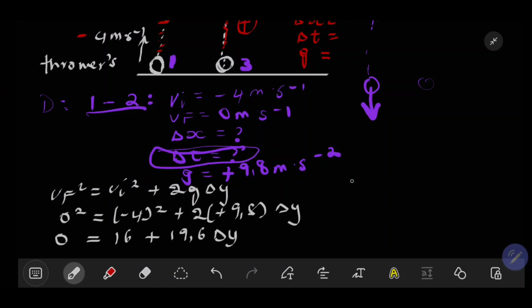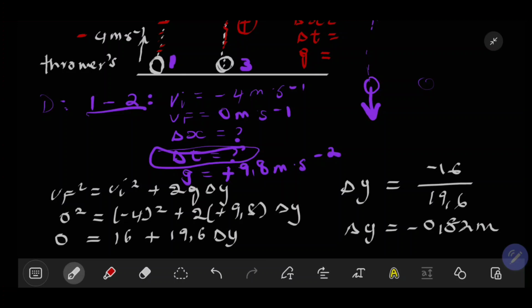Then our change in y becomes negative 16 divided by 19.6. So our change in displacement is negative 0.82 meters. All right, so we got a negative answer, and that is true.